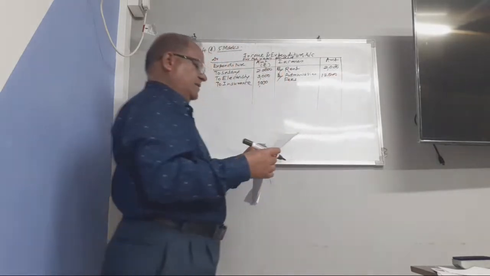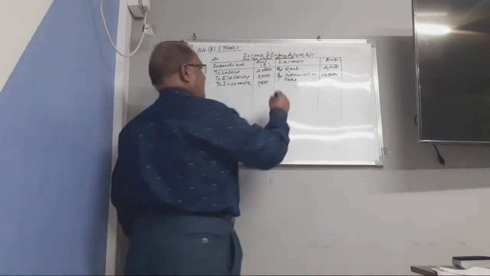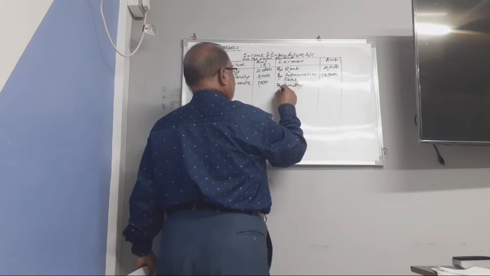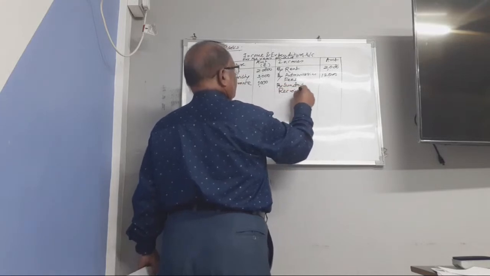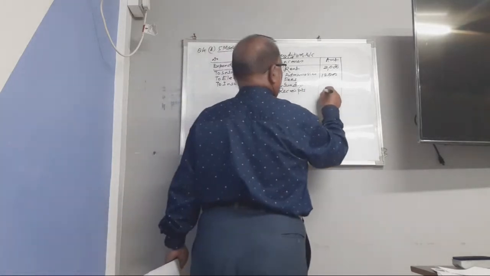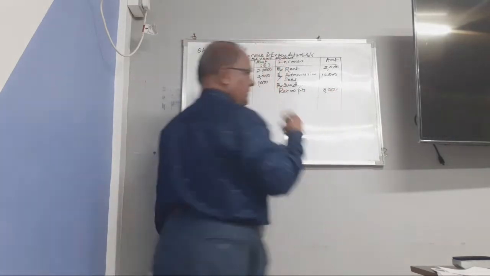Then sundry receipts come on the credit side, being income, 8,000.